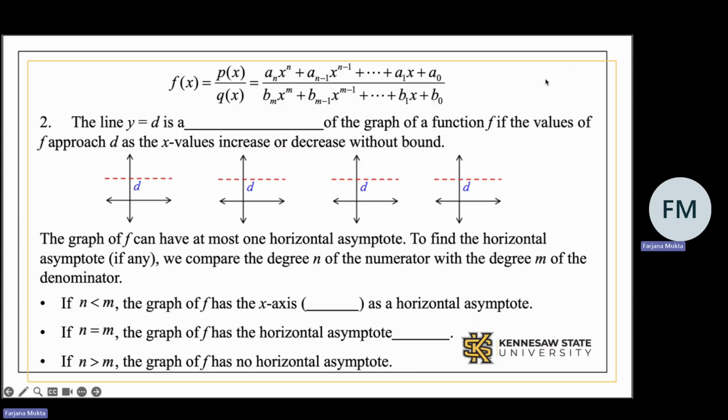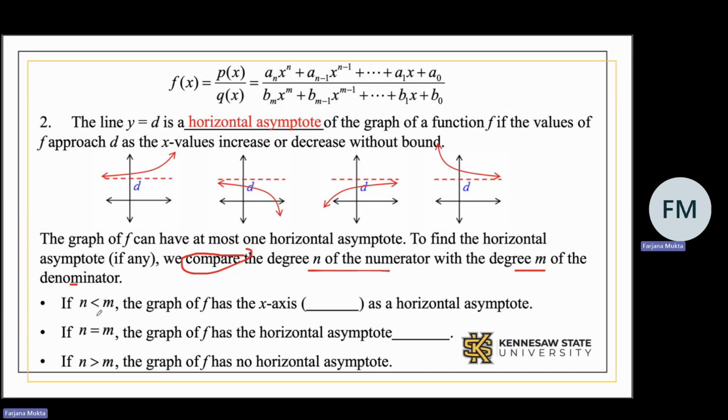And for the horizontal asymptote, the line y equals d is the horizontal asymptote of the graph f if the graph f approaches d as the x value increases or decreases without bound. Mathematically, how do you find the horizontal asymptote? We compare the degree of the numerator with the degree of the denominator.